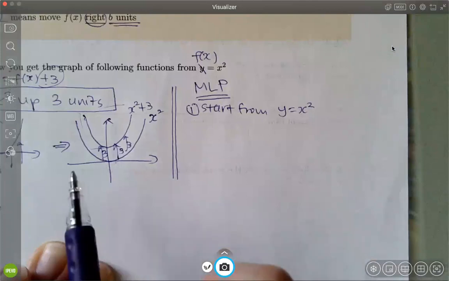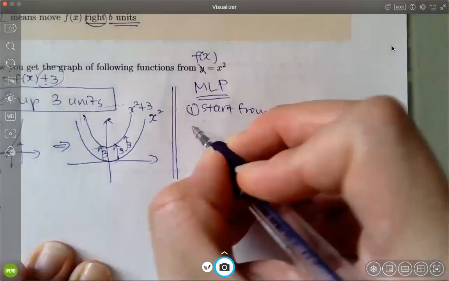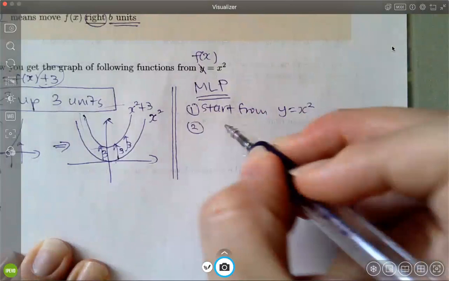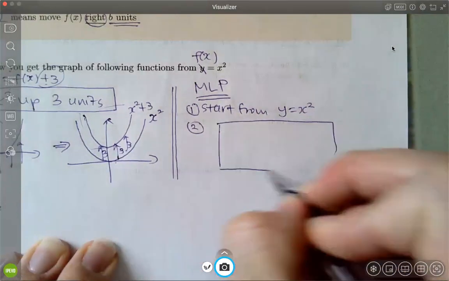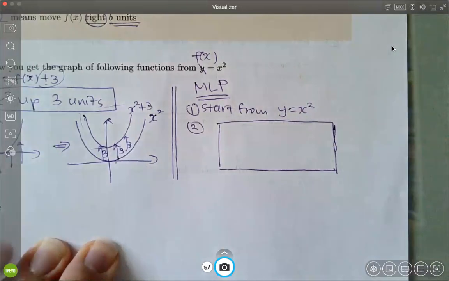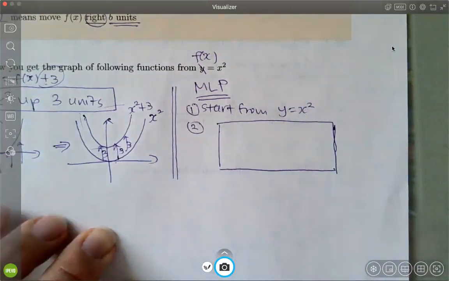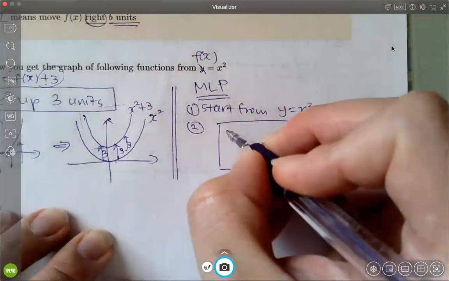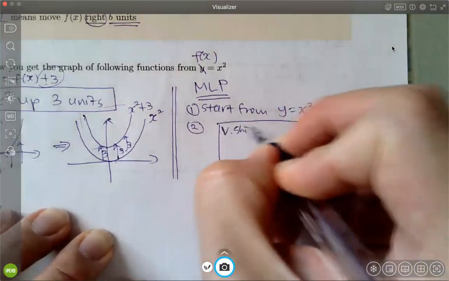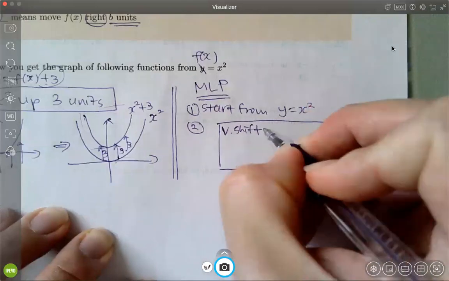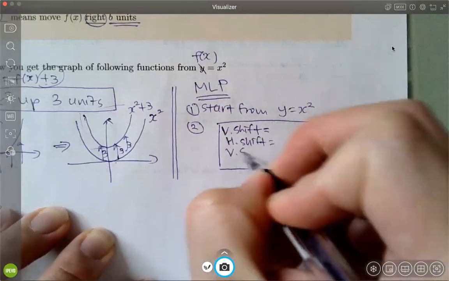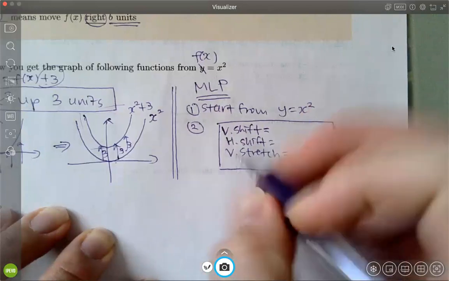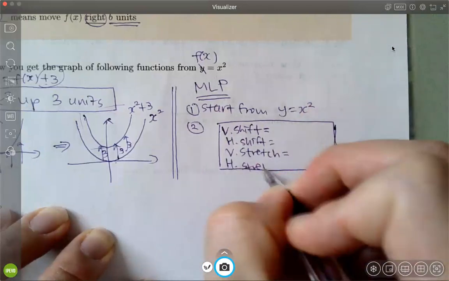Now, once you do that, you will see this small pop-up screen on your homework, okay? And there are a bunch of words and numbers. The default setting looks like this: V shift, then H shift, then V stretch, and H stretch, okay?